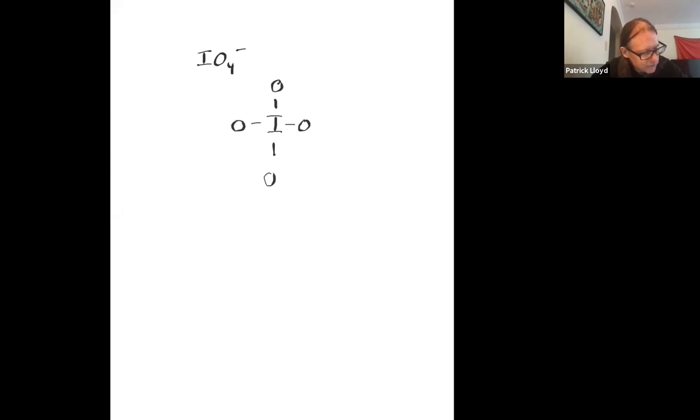Of course, we realize that it's an ion, so we use our bracket notation, right? Then we count up the number of electrons. Iodine is in group 7A, so there's 7. Oxygen is in group 6, but there are 4 of them, and then it has a negative charge. So 24 plus 8 is 32. We've already used 2, 4, 6, 8. So we've got 24.